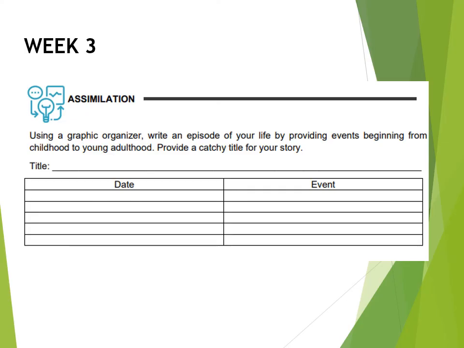Now, let's go to the assimilation or the activity. This announcement, especially for the modular students, so if you will follow whatever is on the learner's packet that we have given you, in each topic there is an assimilation, right? One for coherence, one for organization, one for mechanics, one for language use.